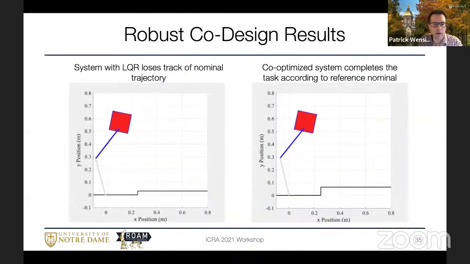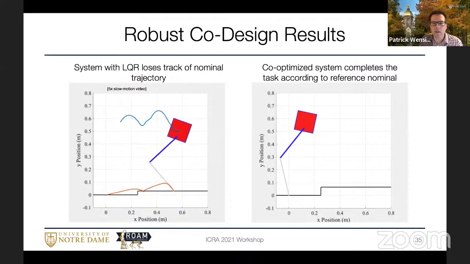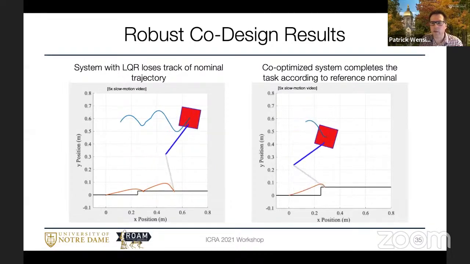So in terms of looking at that legged robotics application, on the left here, I've got a system that was designed for flat ground, and then we looked at its behavior for this unexpected step and used a hybrid LQR strategy. We compared that to this other case where we had robust co-design, optimizing the limit cycles as well as the hardware parameters.